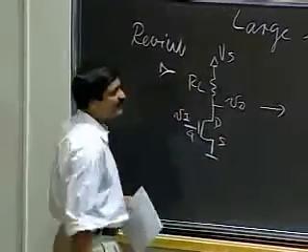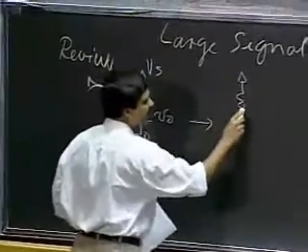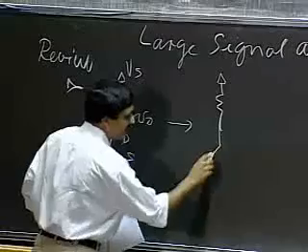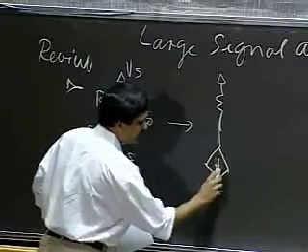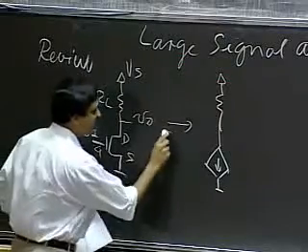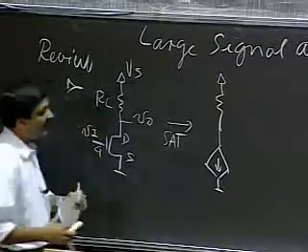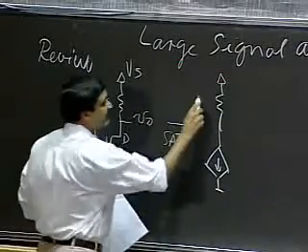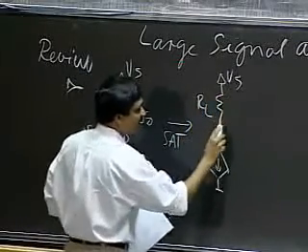And we drew the equivalent circuit for this. In the equivalent circuit, we replace the MOSFET with a dependent source, provided it operated in the saturation region. So I'll just say, while operating under saturation, the equivalent circuit would look like this.